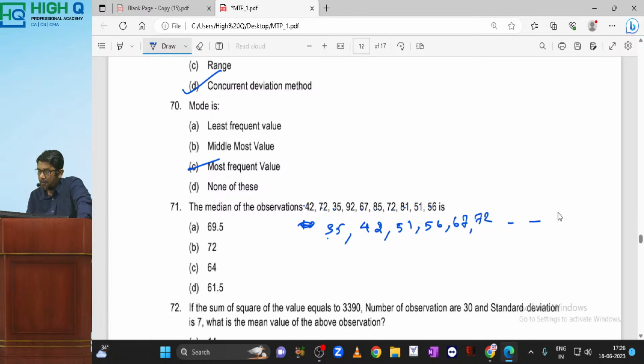That's it. I don't want anything else, because total how many observations are there? 10. So 10 plus 1 by 2, 5.5, which is fifth observation plus sixth observation divided by 2. I need to find what is the fifth observation and the sixth observation. Fifth observation is 67, sixth observation is 72. Why should I find the remaining observations? Waste of time. So 67 plus 72 divided by 2, what are you getting?